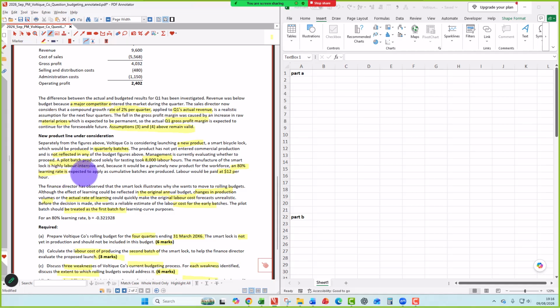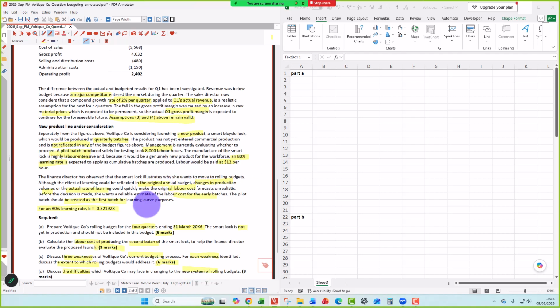And so an 80% learner rate applied. They've told us the value of B, so we don't need to do that calculation. It's told us that B is minus 0.321928. And the labour rate is 12 per hour. And the finance director has also made a comment on how rolling budgets will also be a better choice if they do introduce this new product.